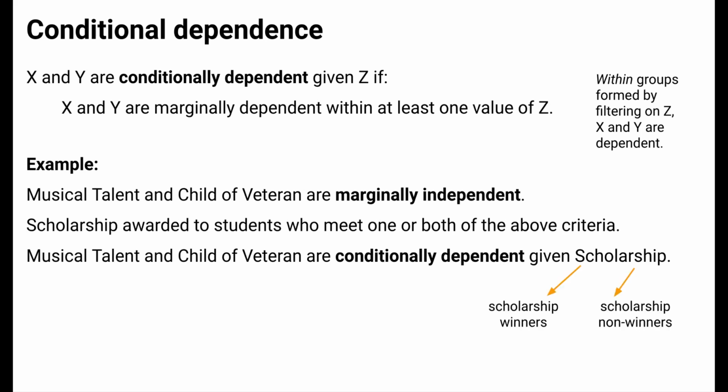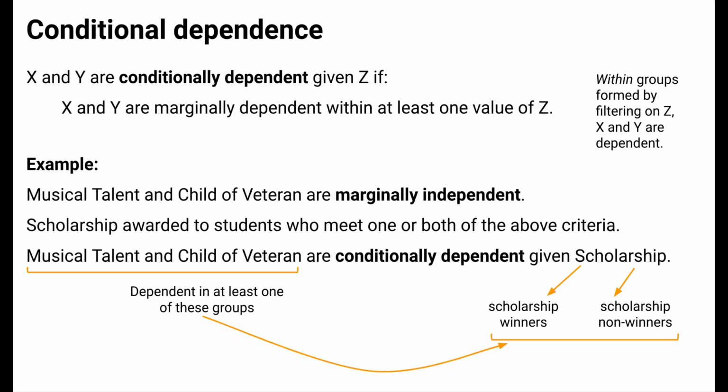This means that within at least one of the subgroups defined by the scholarship variable, winners, non-winners, or both of them, the musical talent and child of veteran variables are dependent. It turns out that the dependence happens within scholarship winners. Let's look at a numerical example to show this.